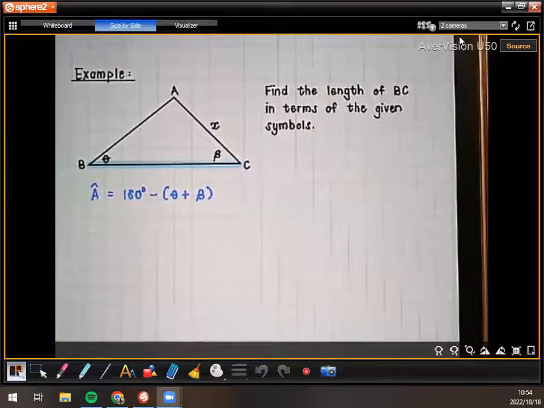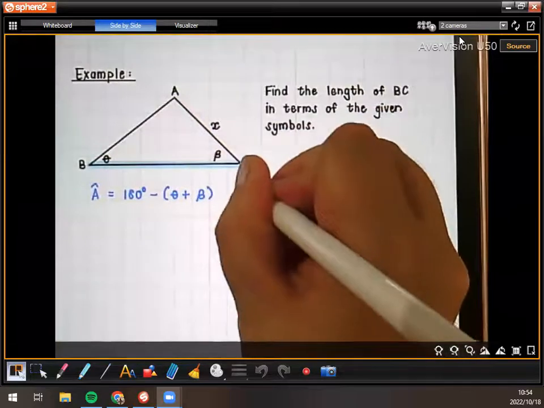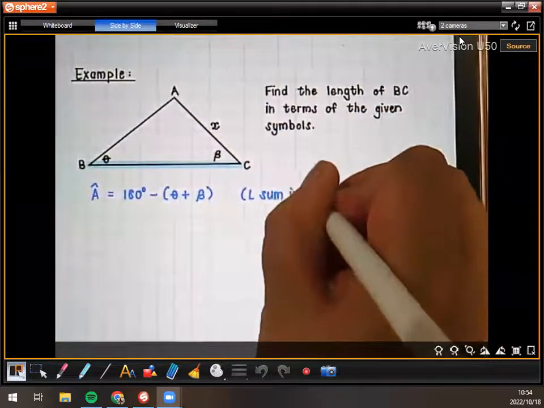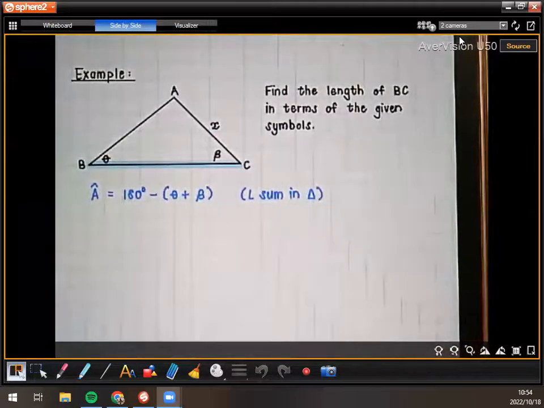You see, when we put it in our sine rule, you see why it's actually important to write it like this. We need our reason, angle sum in a triangle. Okay, so that's all we need to be able to do sine rule.